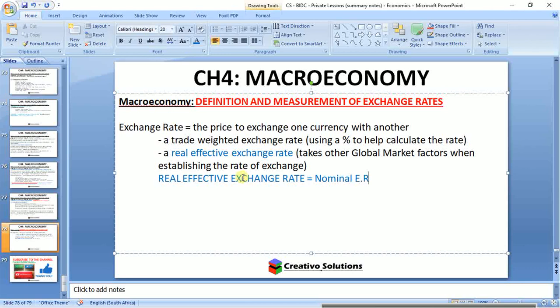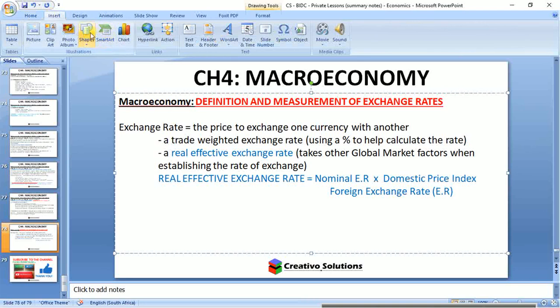Okay, ER, exchange rate times domestic price index divided by foreign exchange rates. I'm just going to put a bracket there, E.R, so you know what the ER stands for. Okay, we're going to need a little line just to show that.